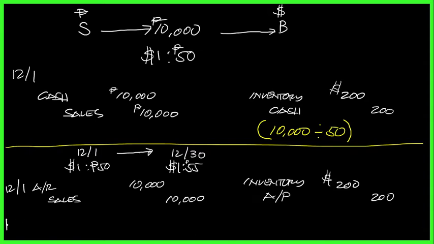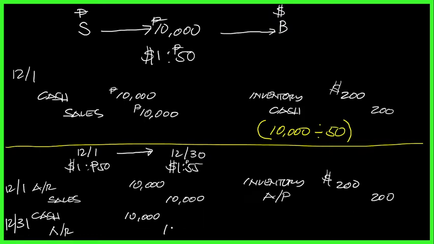Upon payment or collection, you will have a debit to cash and credit to accounts receivable, amounting to still 10,000 pesos.